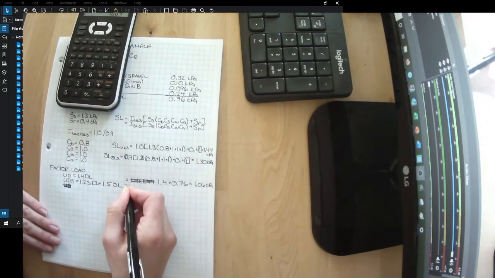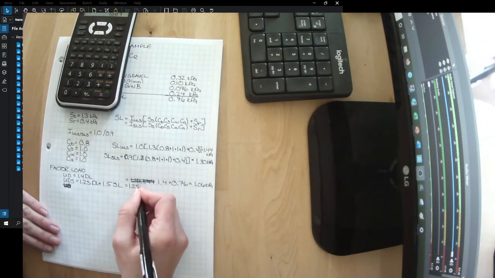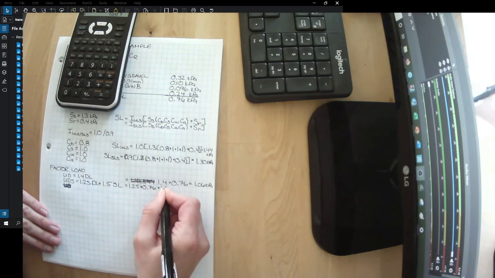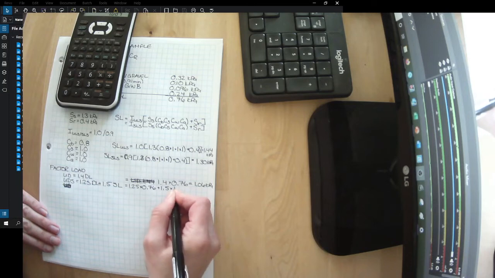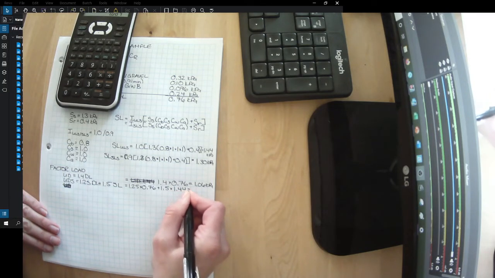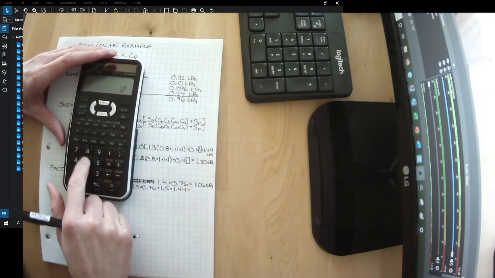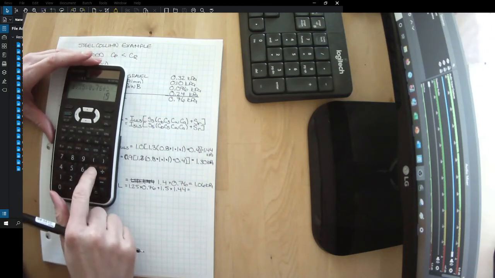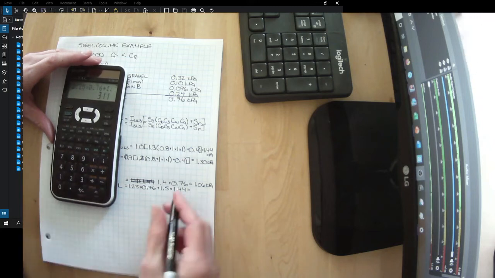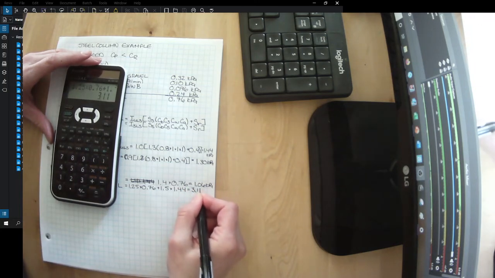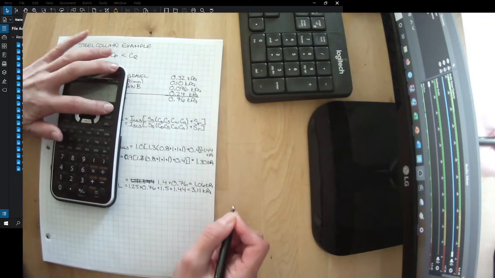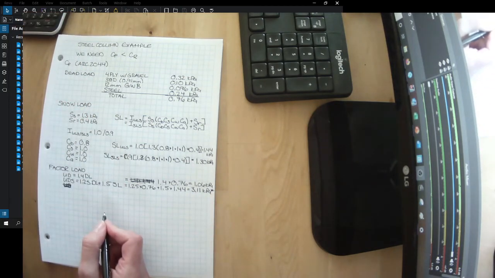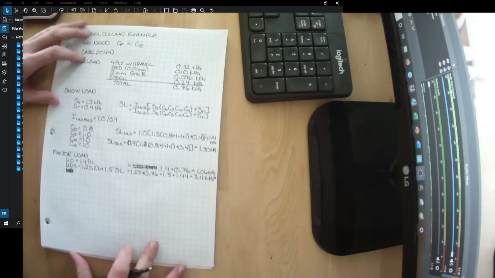And we've got a load case of 1.25 times 0.76 plus 1.5 times our snow load of 1.44. 1.25 times 0.76 plus 1.5 times 1.44 equals 3.11 kPa. So it looks like that's the maximum load that this is going to see. So we're going to need to keep that.